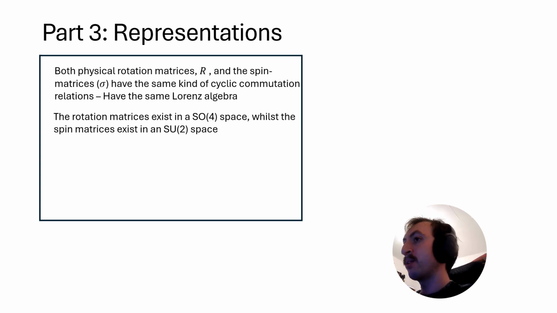So they have a different number of dimensions, and also rotation matrices are orthogonal and contain real components, whereas our Pauli spin matrices are unitary and contain, at least some of them, imaginary numbers. So they seem very different.